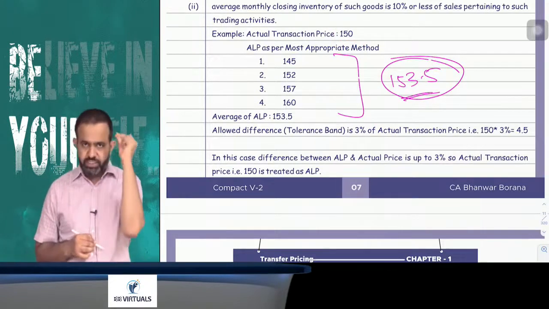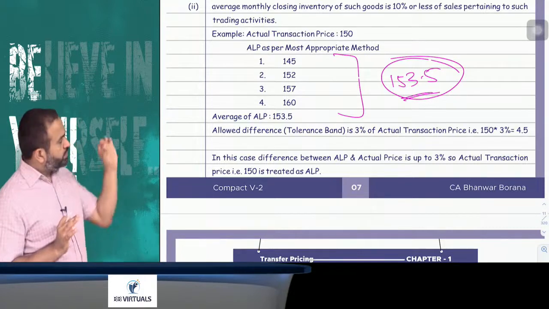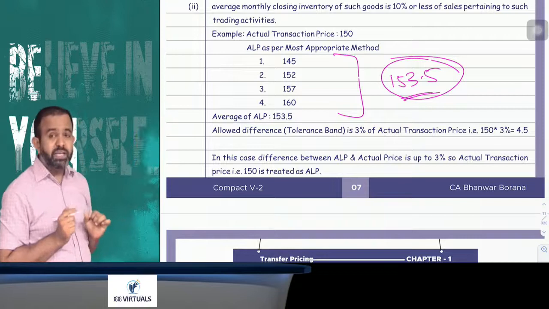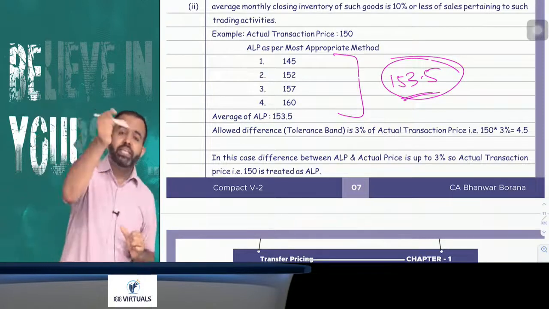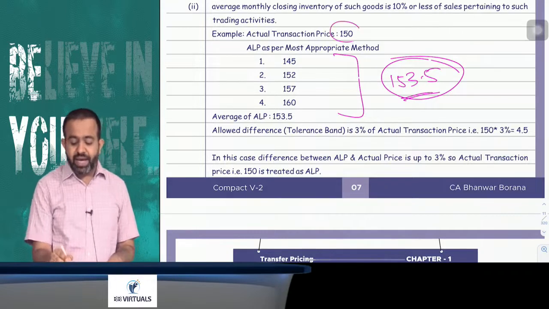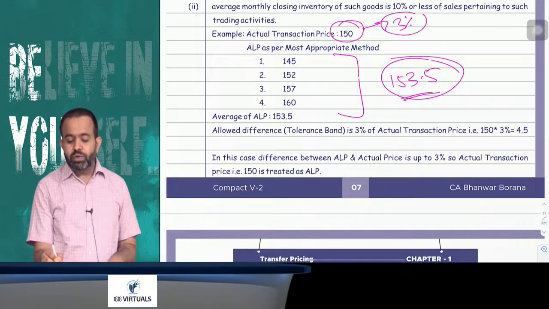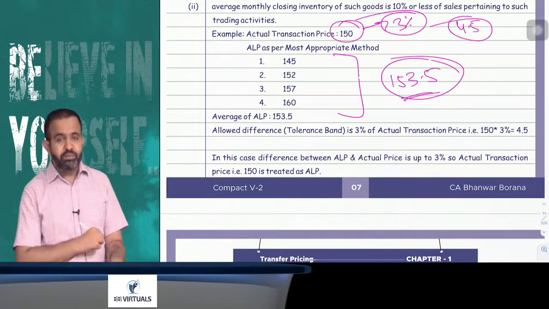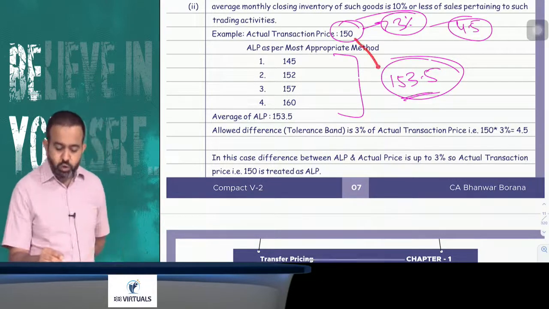Pay attention: you have to calculate 3% of the actual transaction price. So here 3% comes to 4.5. Here our difference is only 3.5.